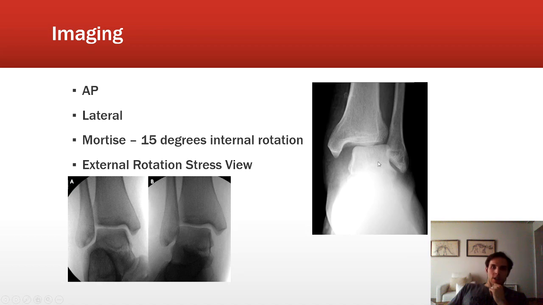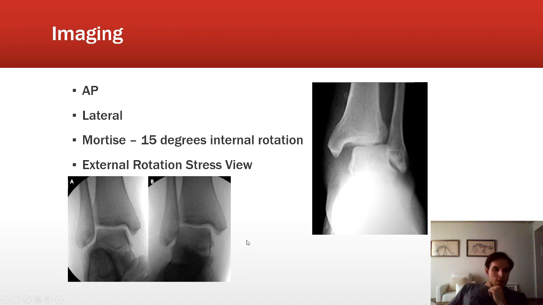It helps us visualize that, and it also helps us better visualize the syndesmosis, and we'll get into some of the measurements that help us assess syndesmotic integrity. Additionally, there's the external stress view, which is basically 15 degrees of external rotation, done a lot of times intraoperatively, helps assess syndesmotic stability as well.